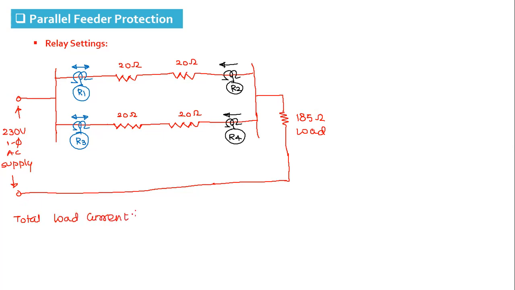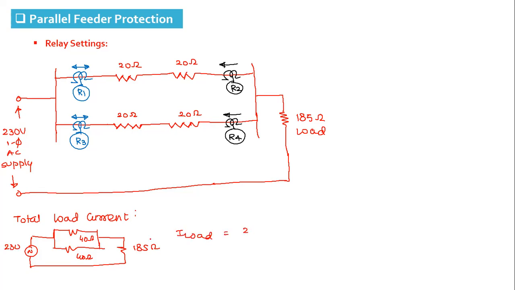It is very simple. Here we have a 230 volt supply. This 20 and 20, so it is 40 ohm parallel to 40 ohm, and in series with 185 ohm. This is the total resistance of line 1 and line 2 connected in parallel. So what is the total load current?